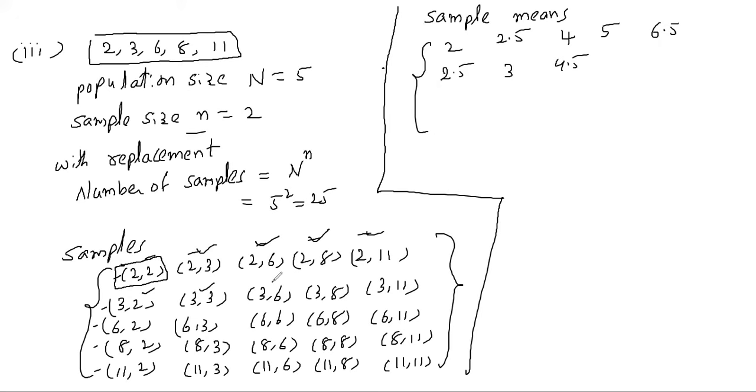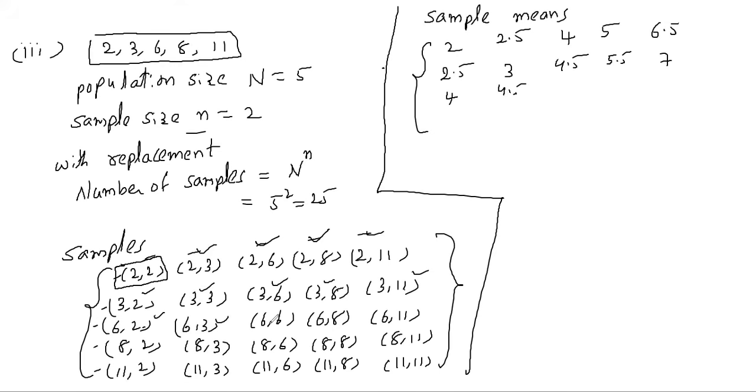Next, 3 plus 8 is 11, 11 by 2 is 5.5. 3 plus 11 is 14, 14 by 2 is 7. Like this you have to do for all. Next, 6 plus 2 is 8, 8 by 2 is 4. Now 6 plus 3 is 9, 9 by 2 is 4.5.